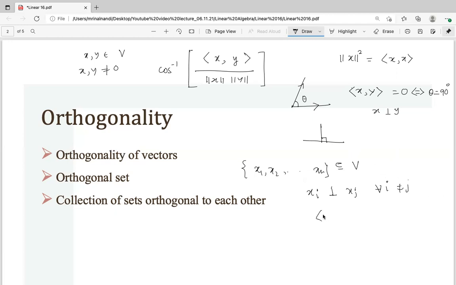So that means the inner product of xi and xj is equal to delta ij, the Kronecker delta, times the norm of xi and the norm of xj.